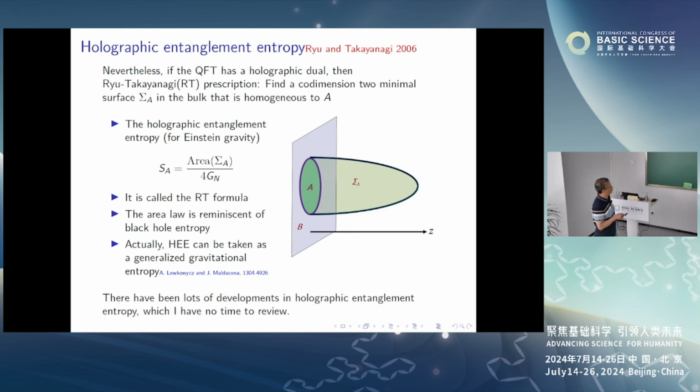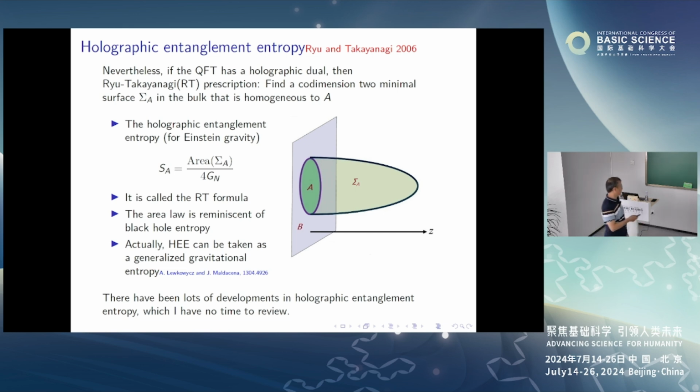So you see that it's proportional to the area of this minimal surface, and its form is reminiscent of the black hole entropy. Actually, Lewkowycz and Maldacena have shown that holographic entanglement entropy can be taken as a generalized gravitational entropy.